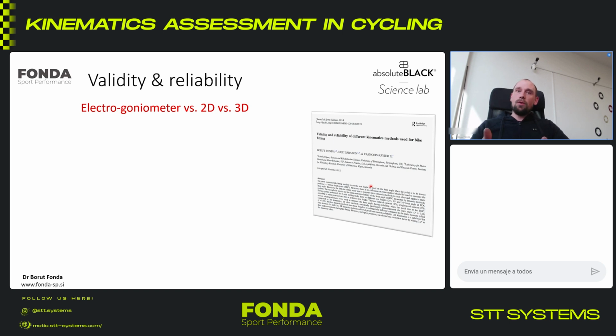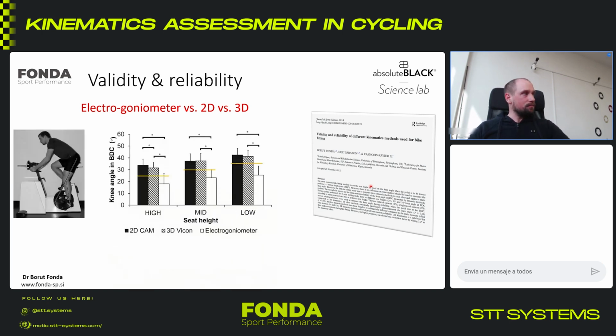So we wanted to compare those methods for one of the most common parameters that bike fitters are using, and that's the knee angle at the bottom dead center. This is basically the image here you can see. It's how we were measuring the knee angle, and we measured 3 different saddle heights which corresponded to different knee angles. It gets quite complicated, but at the same time it's simple.